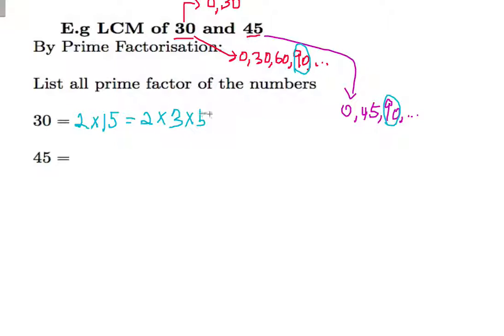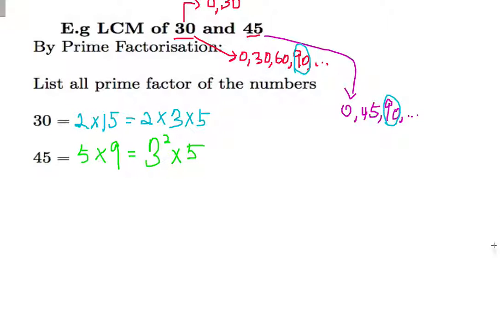Then 45 is relatively easy as well, because 45 is 5 times 9. Then 9, if you remember, is 3 square. So we have 3 square times 5.